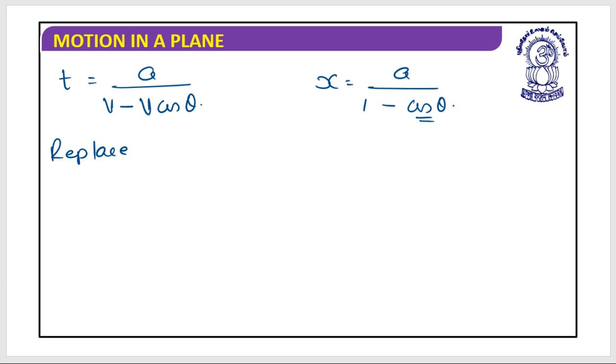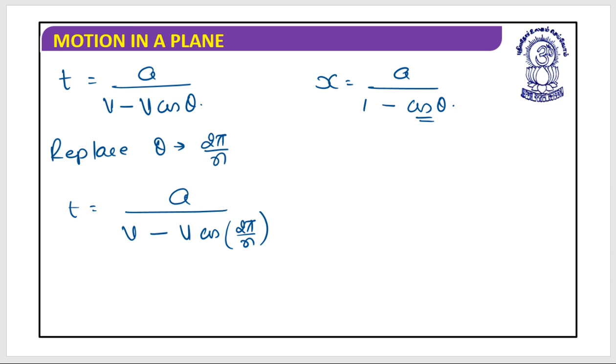Replace the theta with 2 pi by n. So this t will represent a upon v minus v cos 2 pi by n, where n is the number of sides of the polygon.